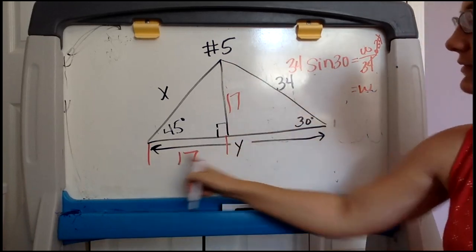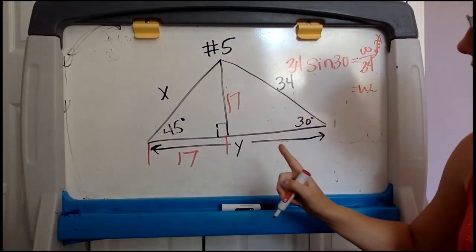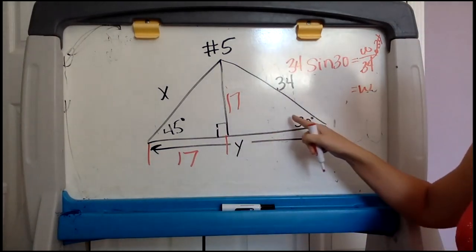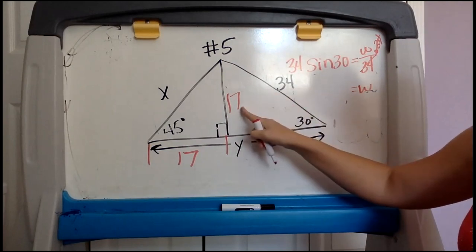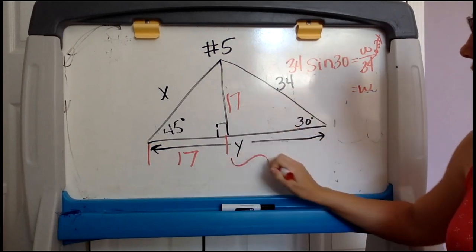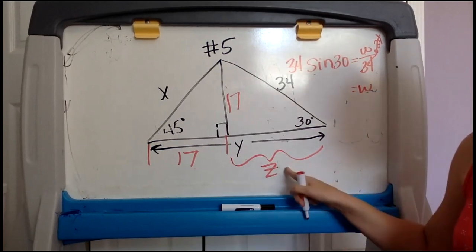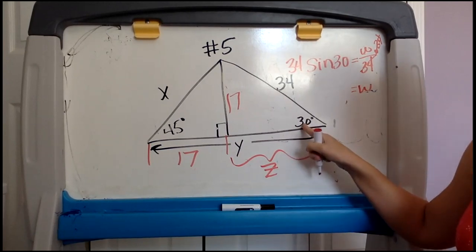Now, no, that doesn't give us the whole length, but that's helpful because now we can still use either 34 or we can do 17, and we can find the remaining side length. So you can think of that as Z. You can find Z using your 30.